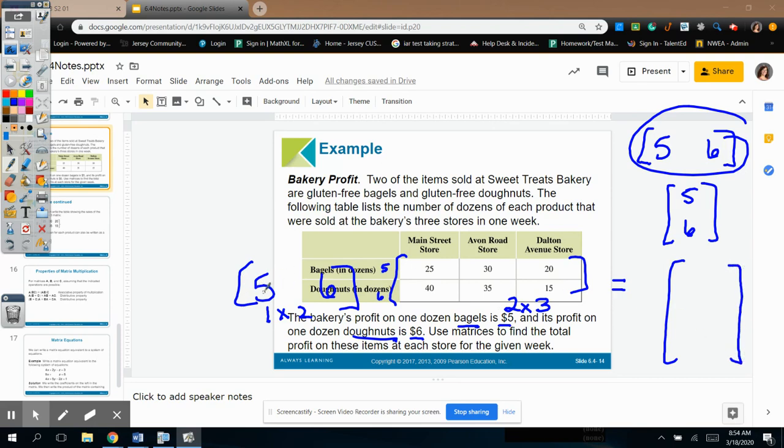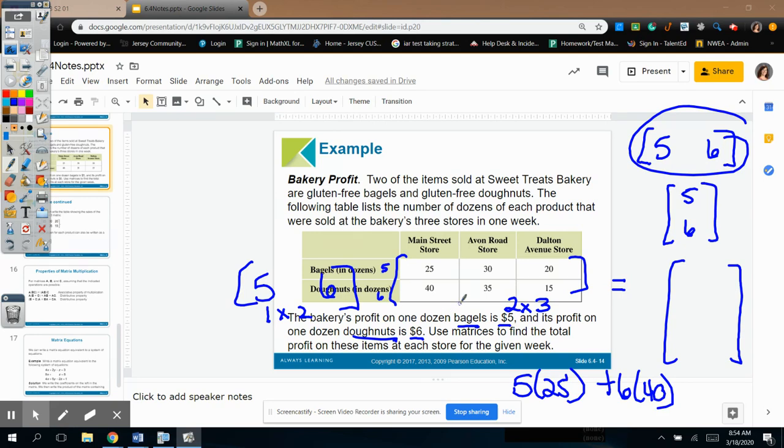And in this first spot would be how much, did I do that wrong? 1 by 2, 2 by 3, 1 by 3. Yeah, it would be how much profit the Main Street store brought me. So I would take this 5 times this 25 plus the 6 times the 40. 5 times 25 plus 6 times 40. And that's how much money this Main Street store brought in.